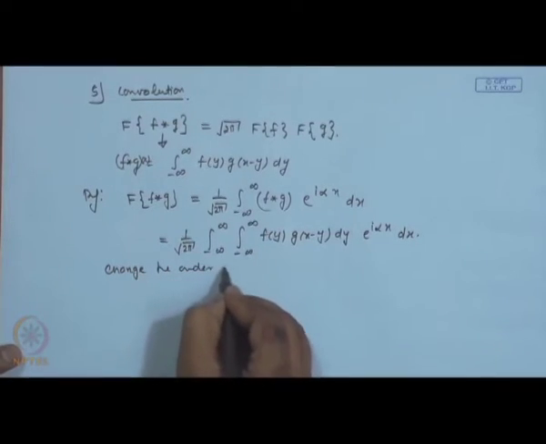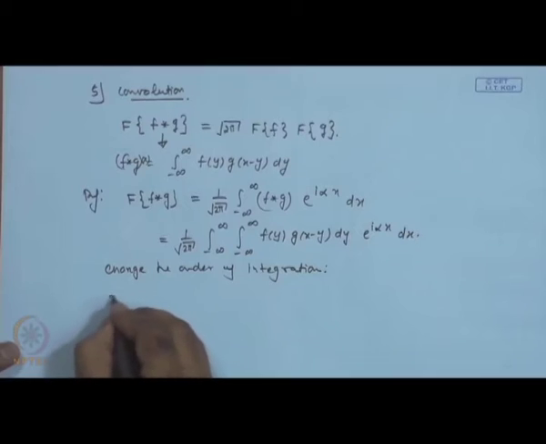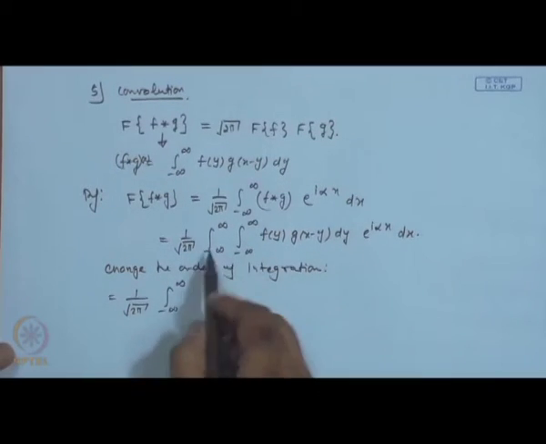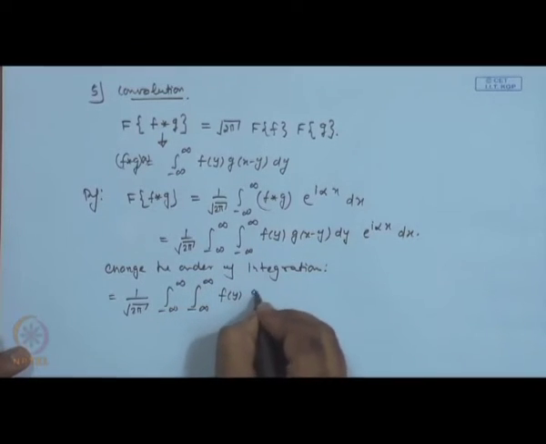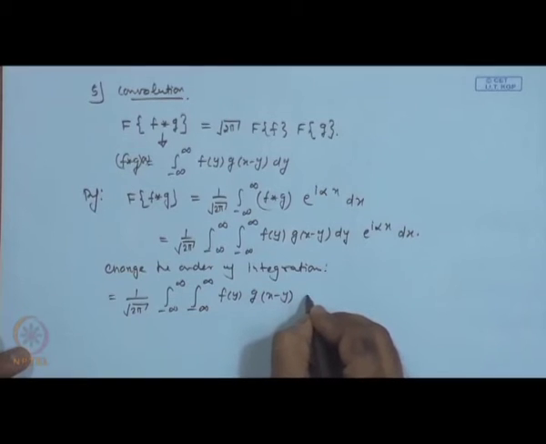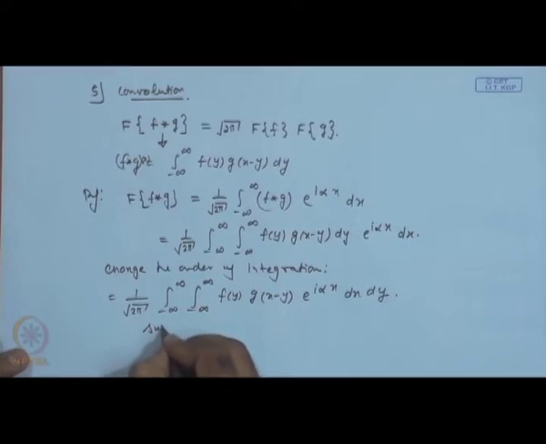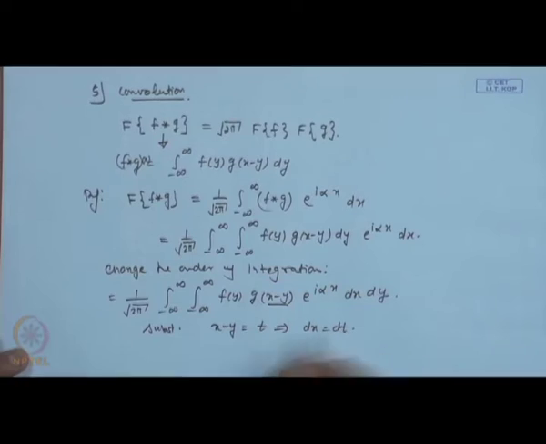We assume that this is possible, without going into the detail, and then we get 1 over square root 2 pi, integral of f(y) g(x minus y) e^{i alpha x} dx dy. We now substitute x minus y with a new variable t, such that dx becomes dt.